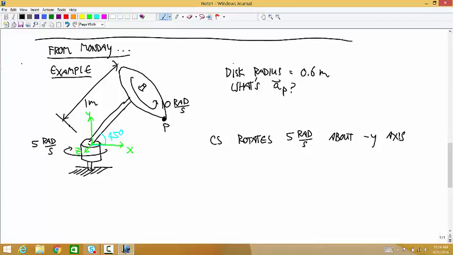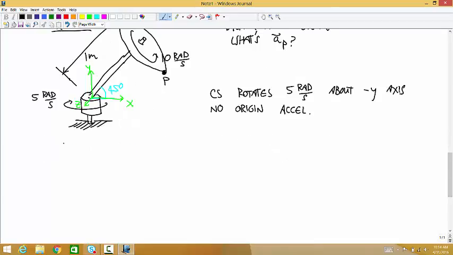Does the origin accelerate? Nope. So we don't have to use relative motion. So all we have to use is this equation.